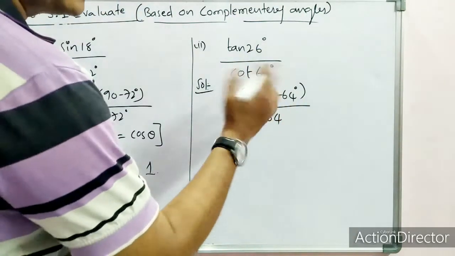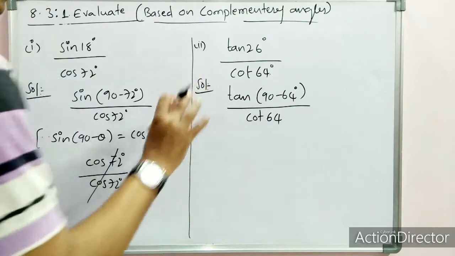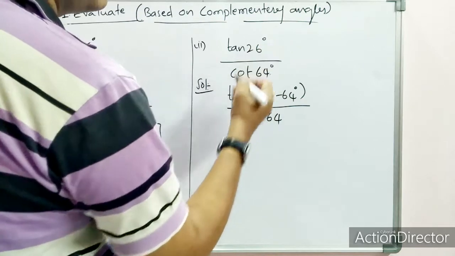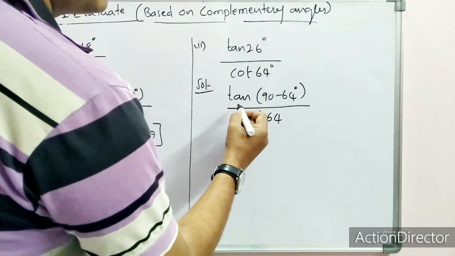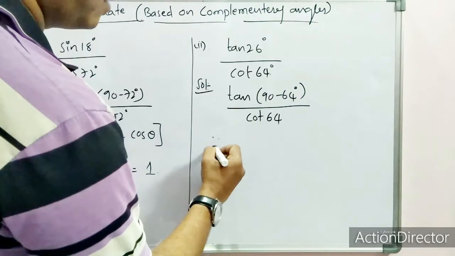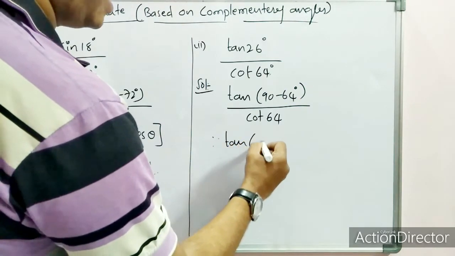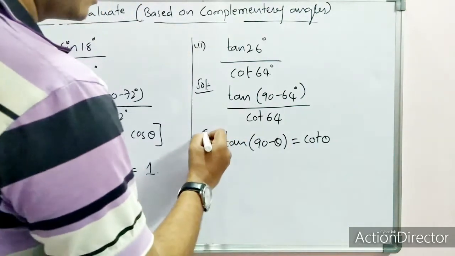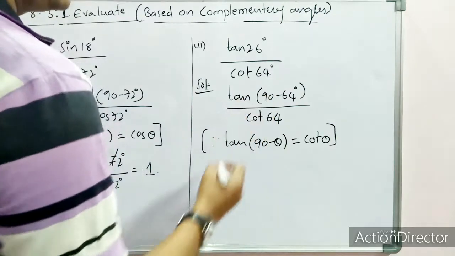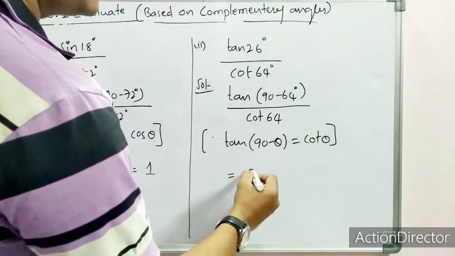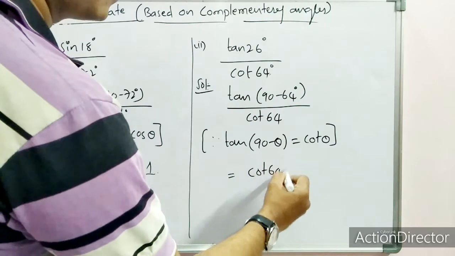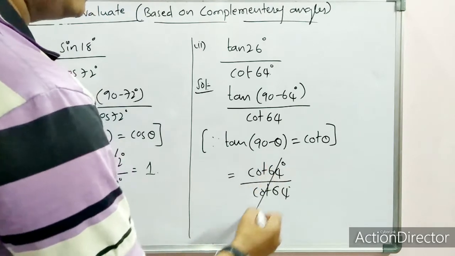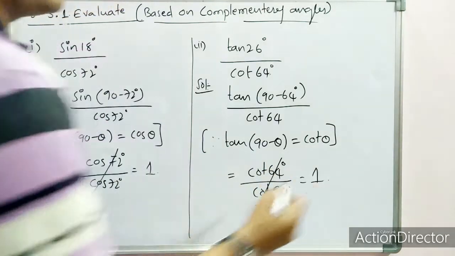If you change two angles, you will automatically get the original question again. So just use the logic which depends upon the values. Now see, we have the formula tan 90 minus theta is cot theta. So this is the complementary formula. Now we can write this as cot 64 by cot 64. So it will become 1.